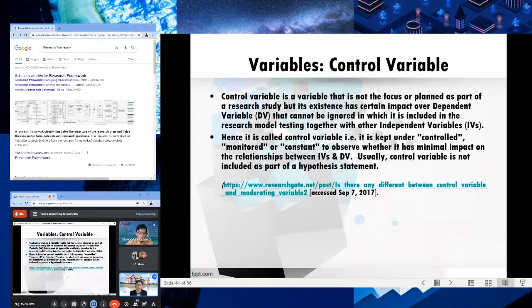So it is something you can control. The control variable is not included in the part of the hypothesis statement. It depends again on the variable that you define, so you can use this control variable when it is needed.